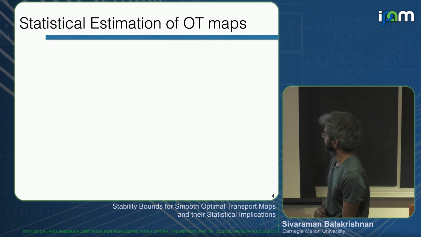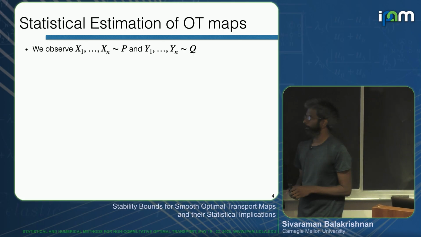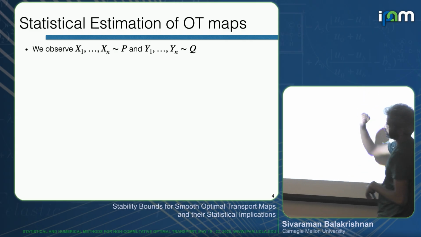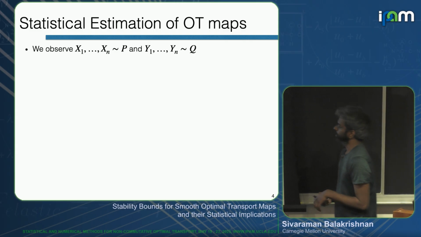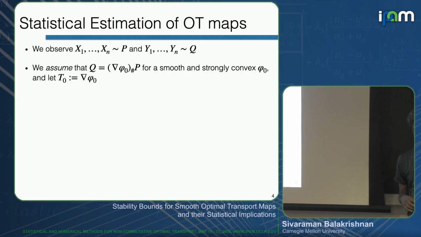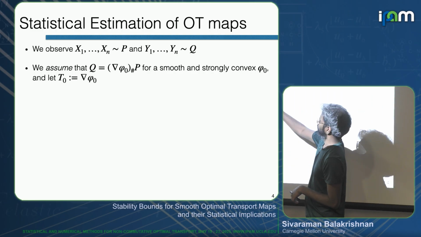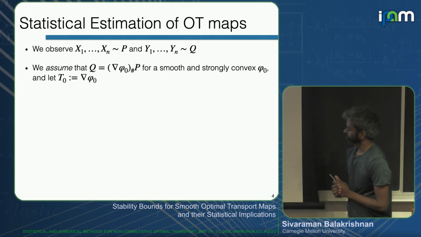So let me be pretty formal pretty quickly. So here's the setting you should imagine. You're going to observe n samples drawn from a distribution P and n samples drawn from another distribution Q. And we'll make an assumption here. And the assumption, I will tell you a little bit more about this regularity condition in a minute. But the condition is going to be that there's some smooth and strongly convex function phi0.